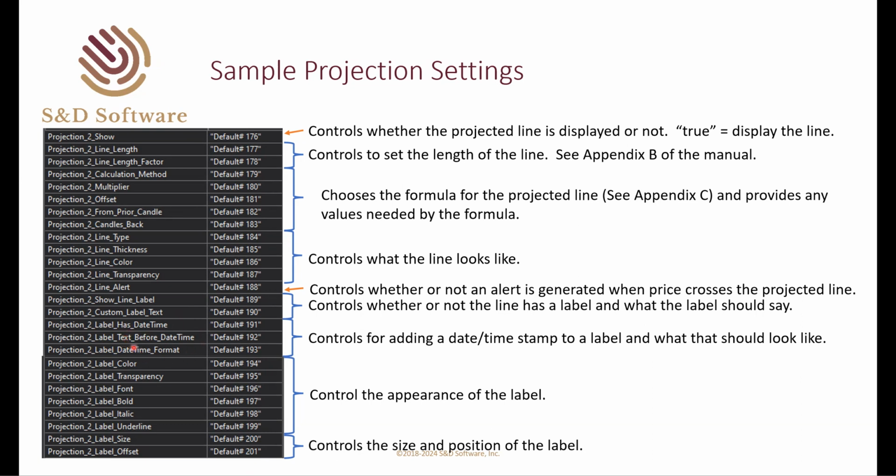So we have the same controls we had before for adding a date and timestamp. We have our controls for adjusting the appearance of the label, color, transparency, font, all that kind of stuff.